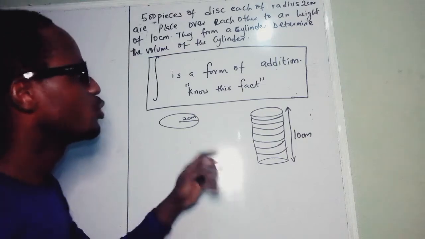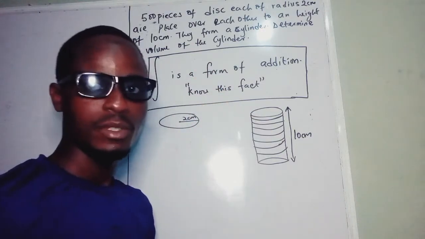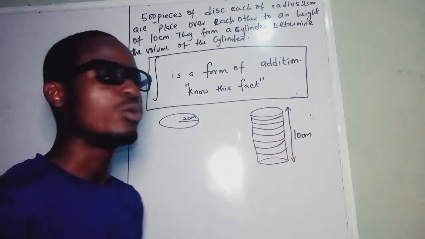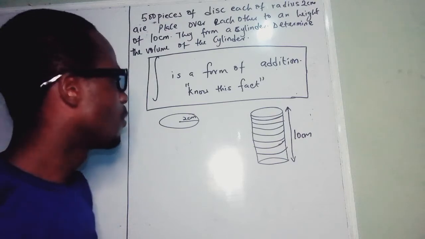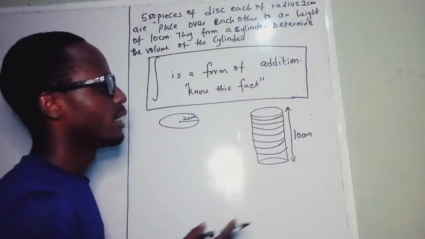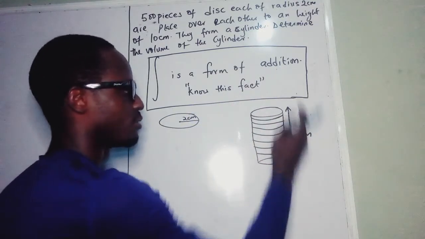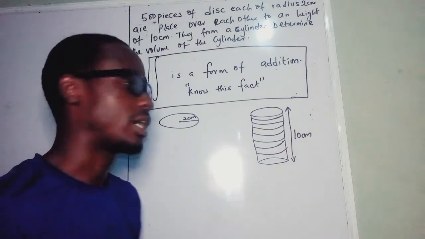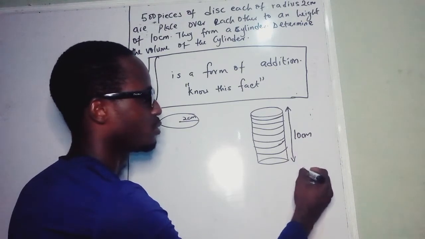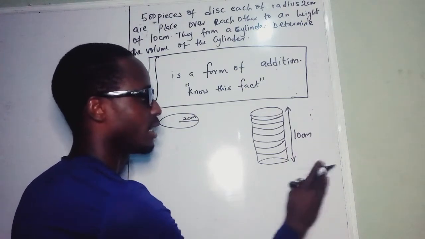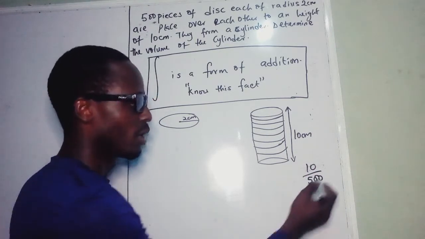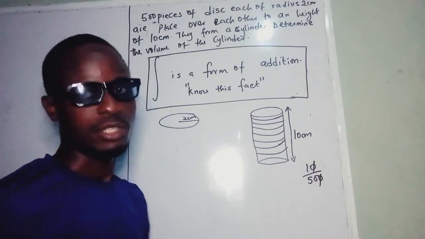The best way is to find the volume of a particular disc, and then add it all together to get the whole volume of the cylinder. We know the total height of all the discs together is 10, so if we divide this by 500, we get 1 over 50.